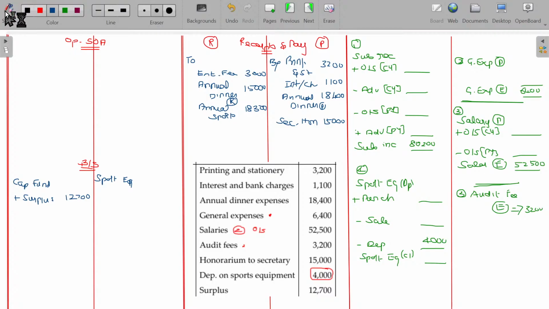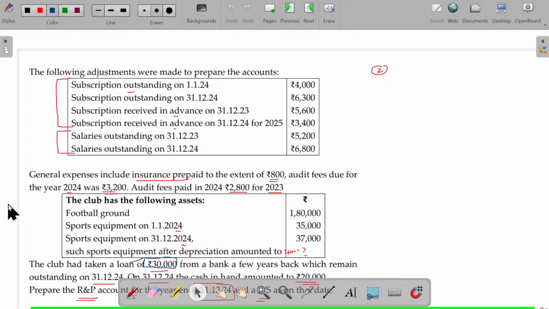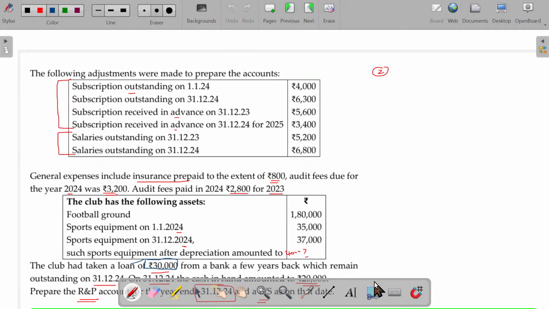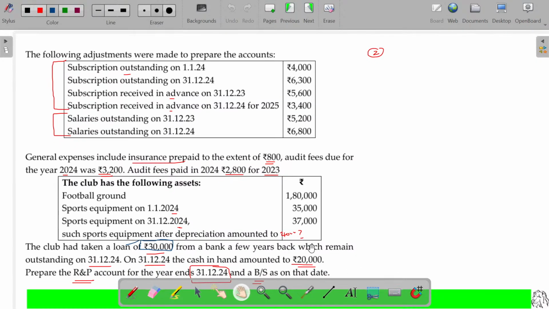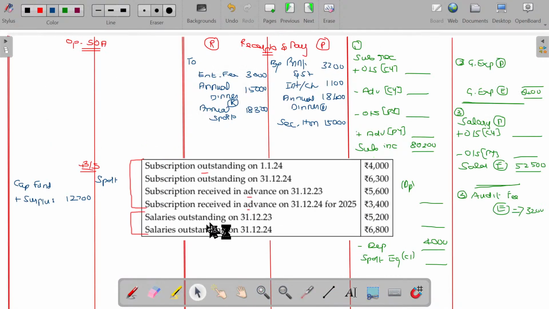With that I have completed posting the income and expenditure account fully. Hereafter this is not my botheration. I have posted everything. Now I have to start incorporating the adjustments one after another. The first set of adjustments is related to subscription as well as salary. I'll incorporate this set first of all.